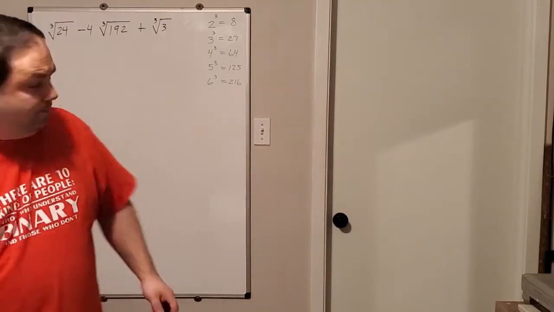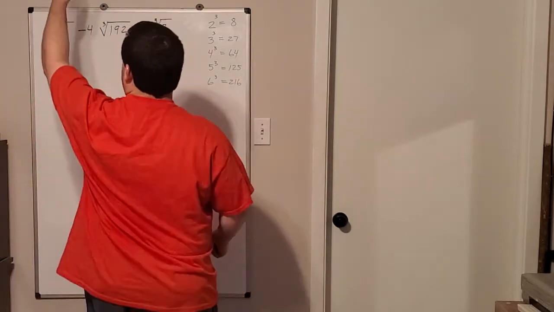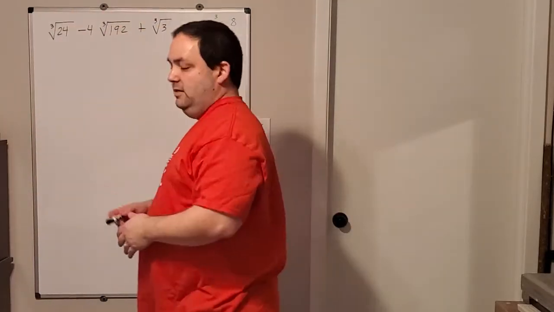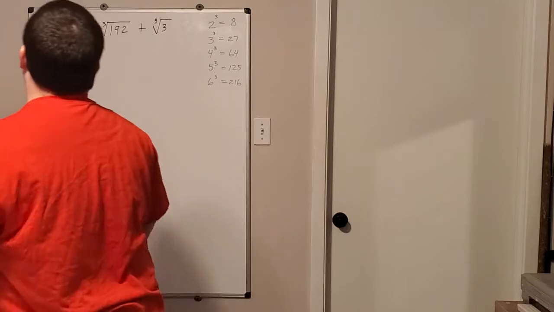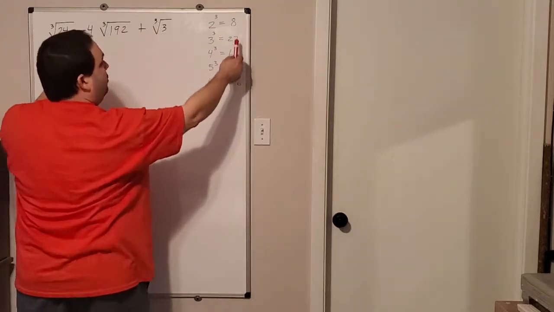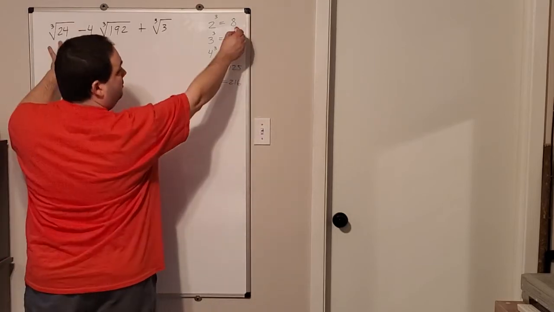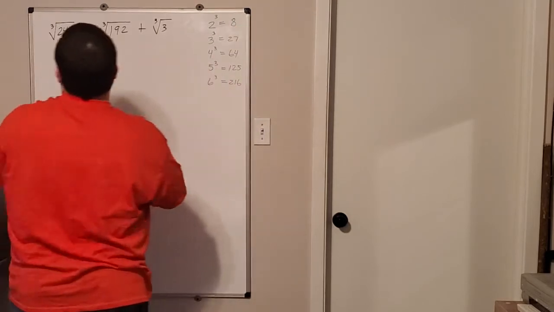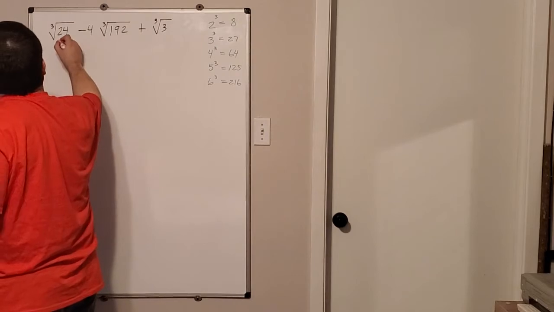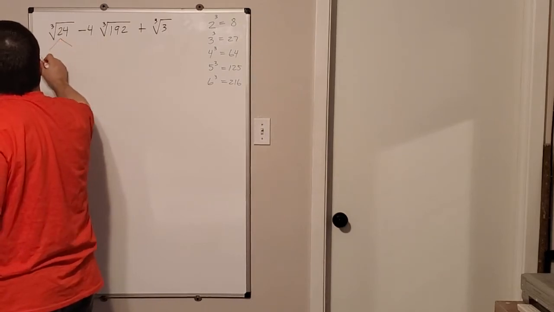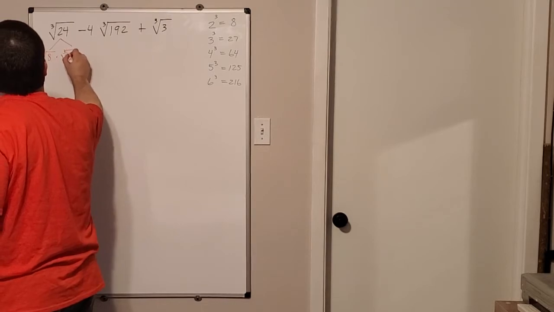Okay, so I'm going to be looking at each individual one of these, right? The third root of 24. Which of these numbers would go into 24? The 8, right? So I'm going to split this into third root of 8 times third root of 3.